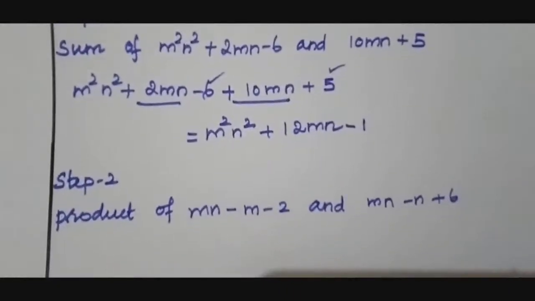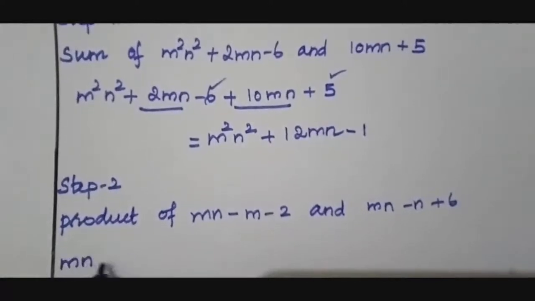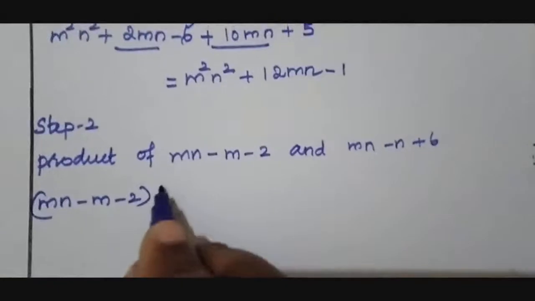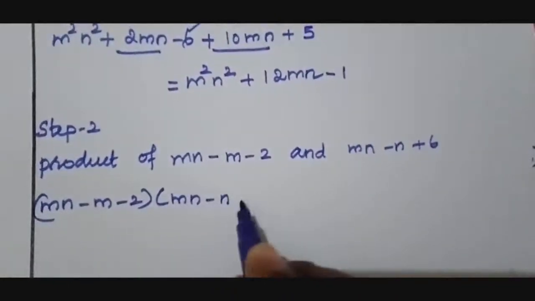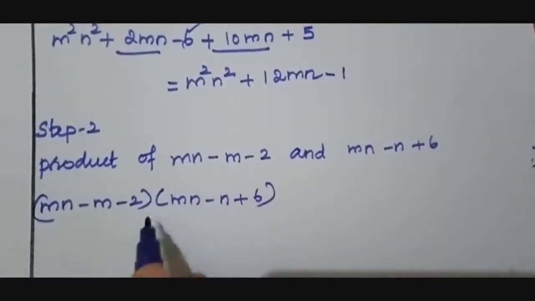Here you should multiply these two expressions, mn minus m minus 2 into mn minus n plus 6. So this bracket stands for multiplication.